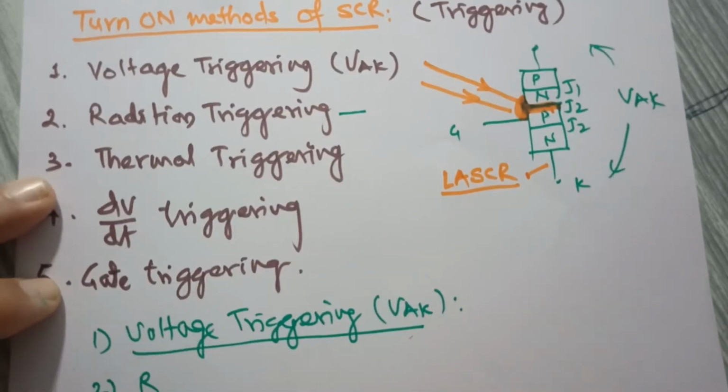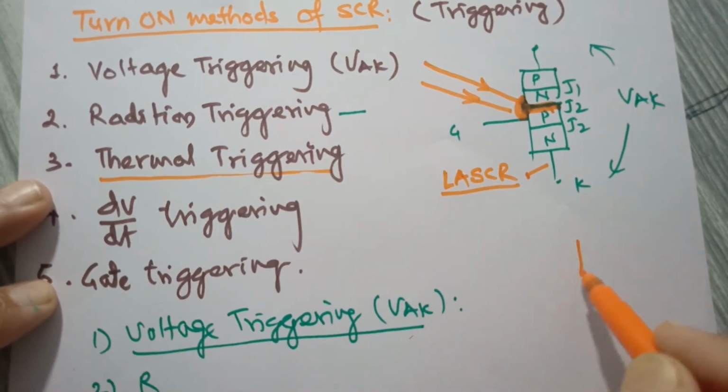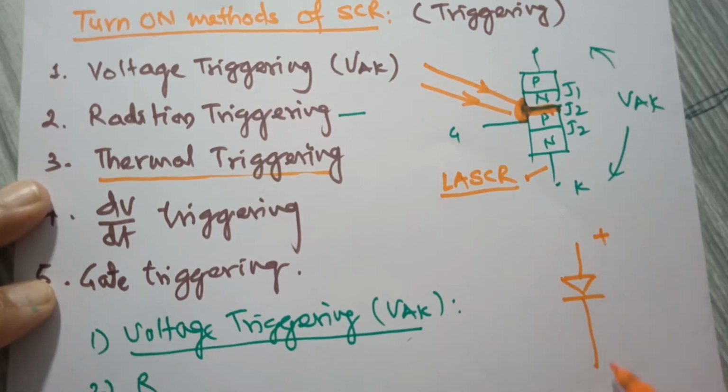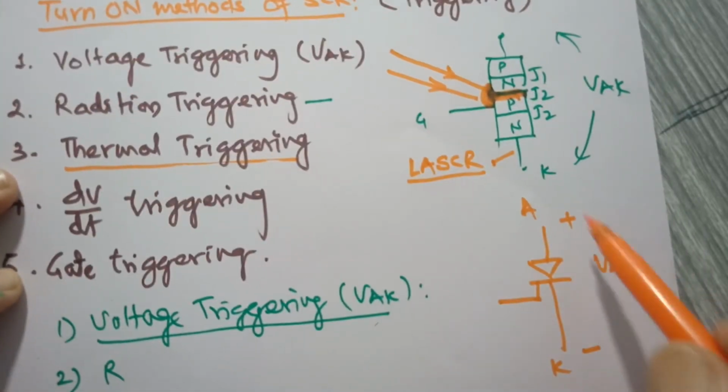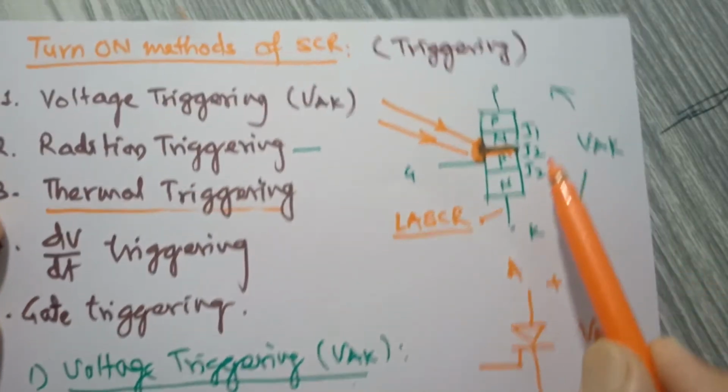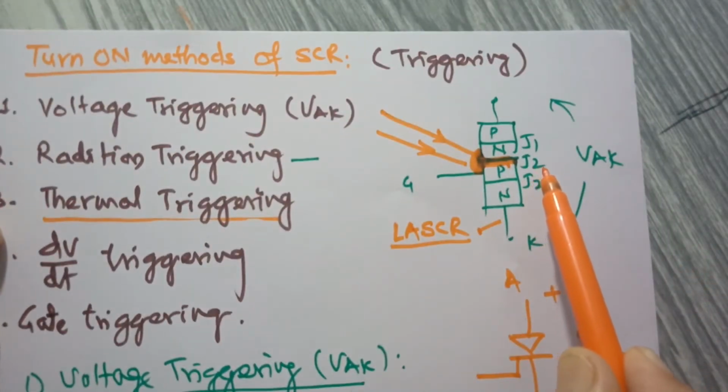Then we have the third type, thermal triggering. As the name suggests, the SCR is forward biased. Some positive voltage VAK is applied between anode and cathode. That means the SCR is forward biased, and with a forward biased SCR we always have junction J2 reverse biased.